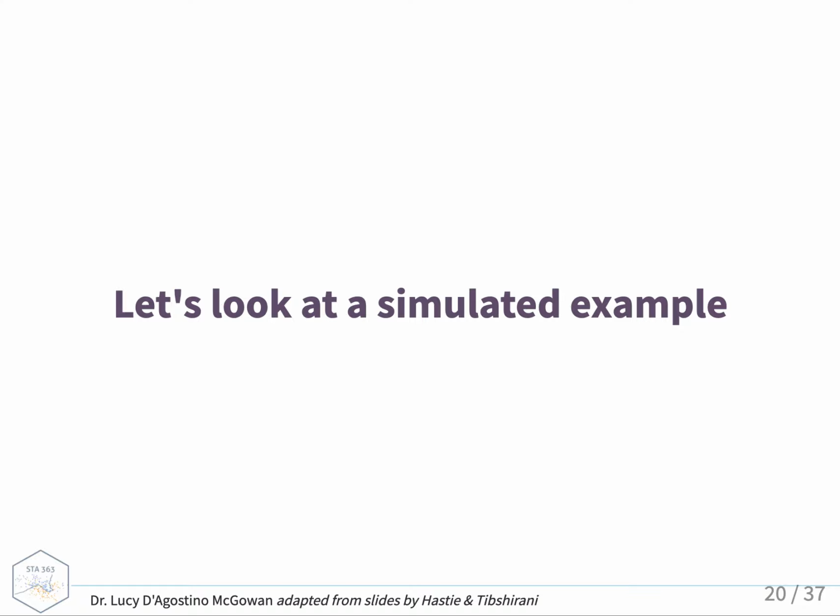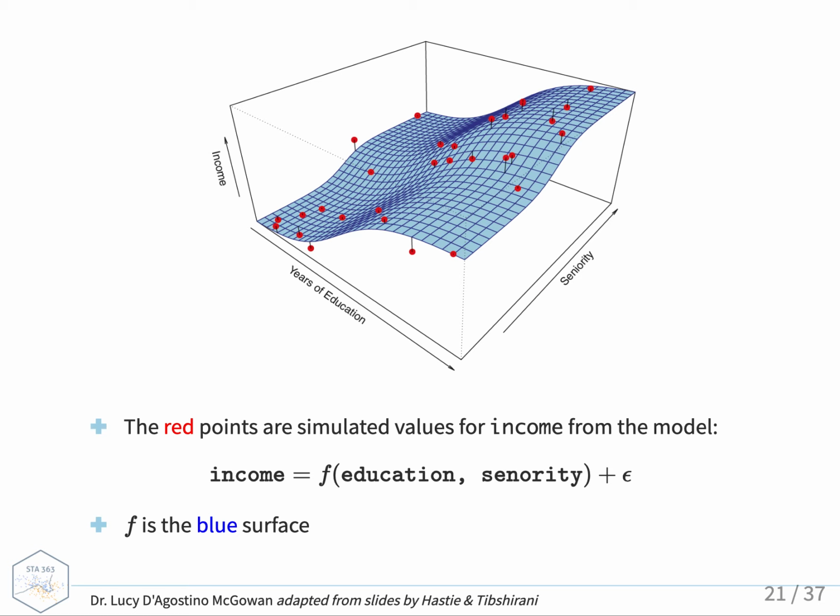So let's look at a simulated example real quick. Here I am predicting income, so that's my y-axis here, from education and seniority. And so the red points in this plot are simulated values for income from this model.